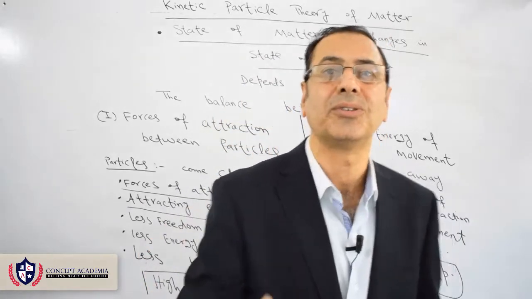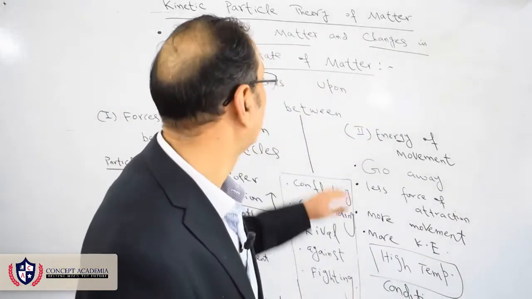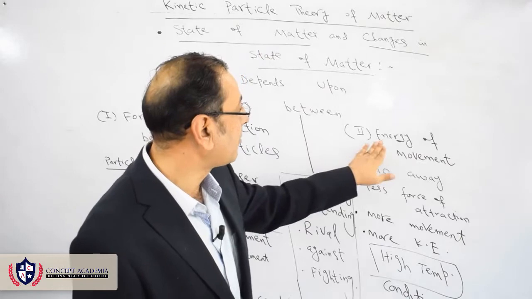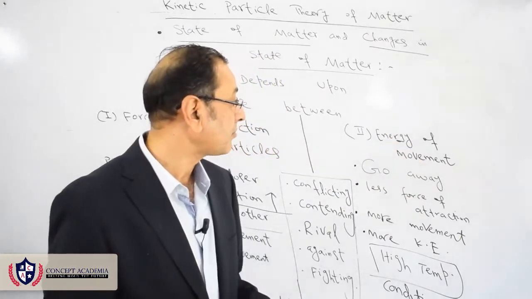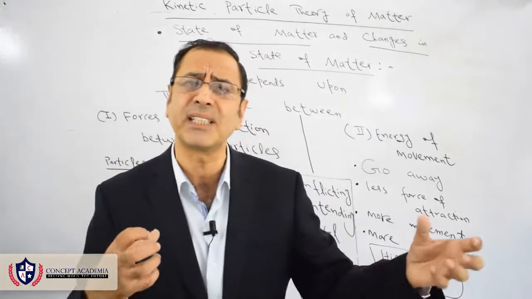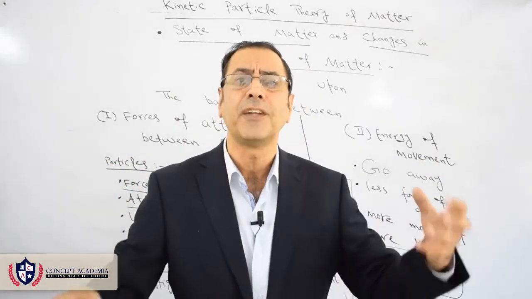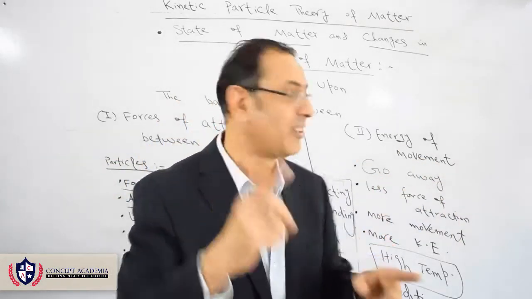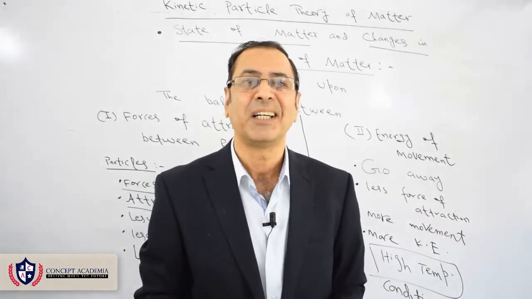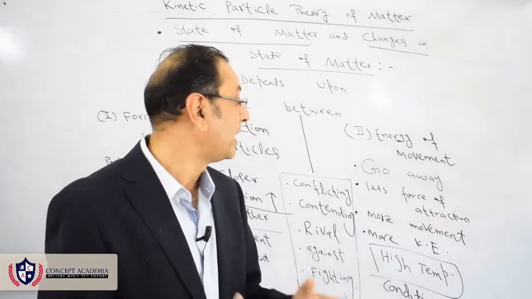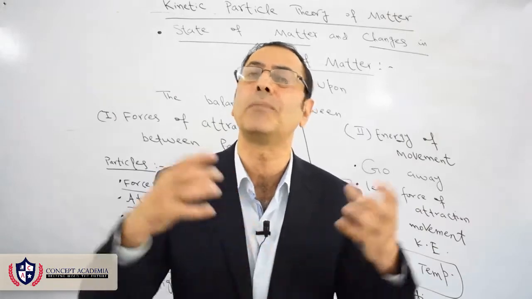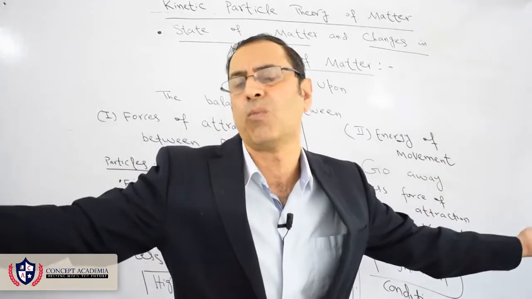But if you go towards the second factor, it is about the energy of movement. If the energy of movement is very high, if the particles possess a lot of energy, they move. When they move, they go away. And when they go away, it means the forces of attraction will be less because they are far away from one another.